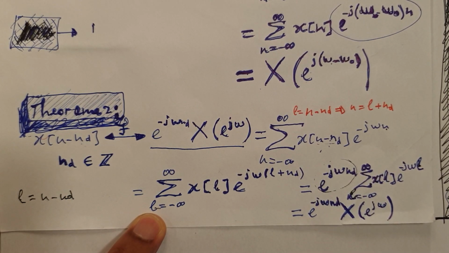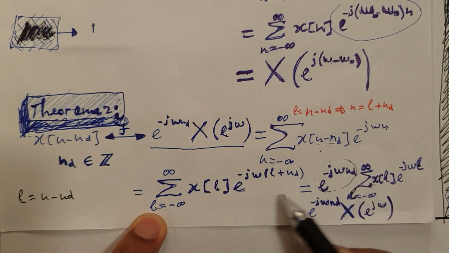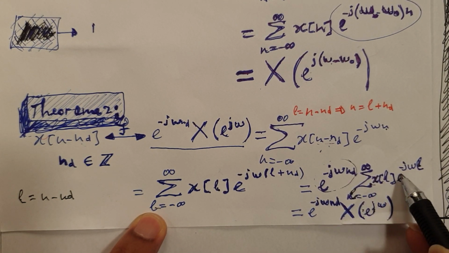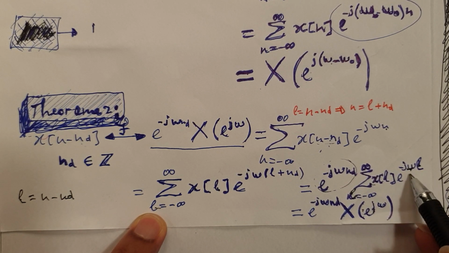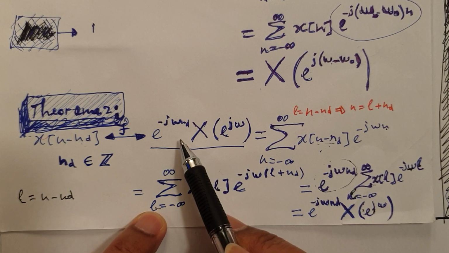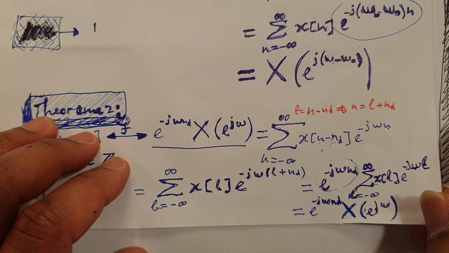This is then the Fourier transform of x of L that we write here, which will be a function of j omega. We see clear j omega there, but then you have this factor which will then lead you to this result here. So I recommend you to play a little bit around with this.